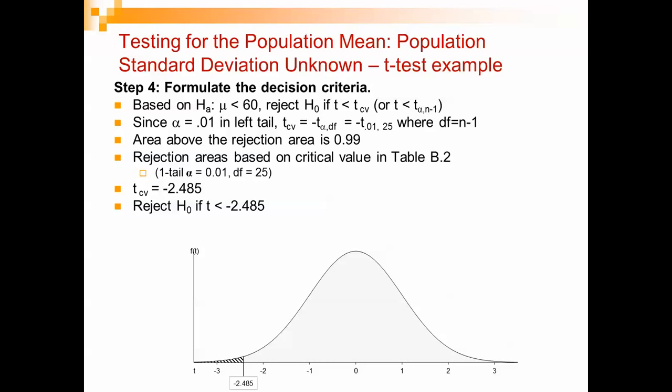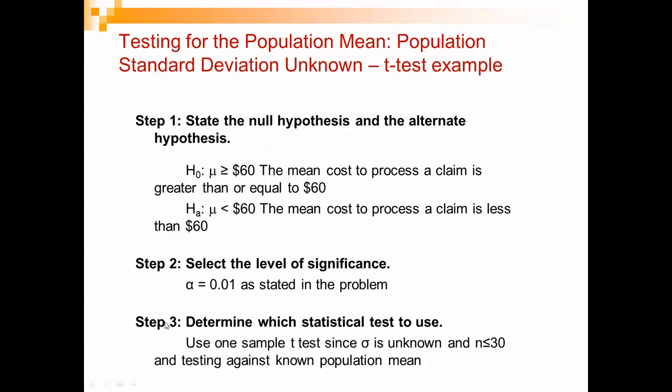And remember too that the equality goes with the null hypothesis. And I skipped over that here. The null hypothesis is that the mu, or the population mean, is greater than or equal to $60. The mean cost to process a claim is greater than or equal to $60. And our alternate is that the mu, or the population mean cost to process a claim, is less than $60.